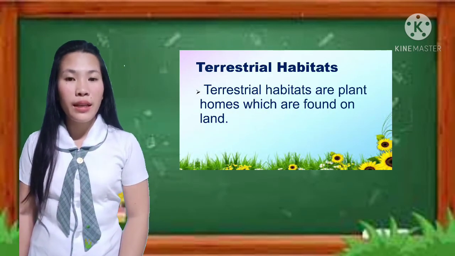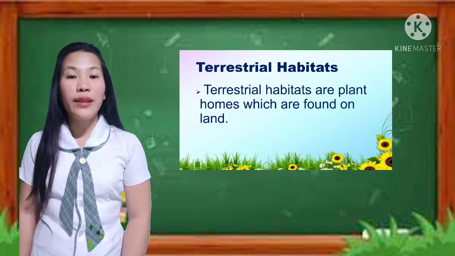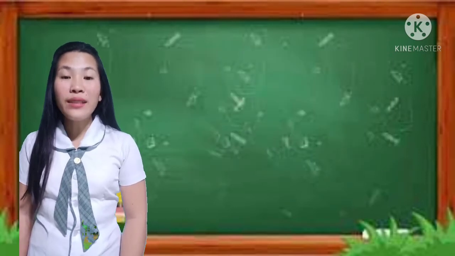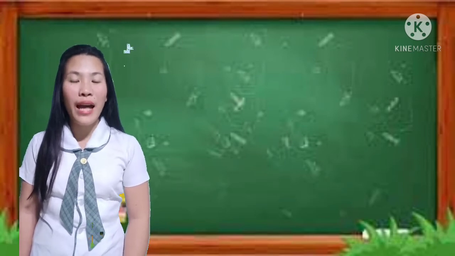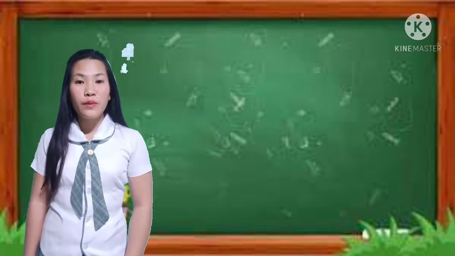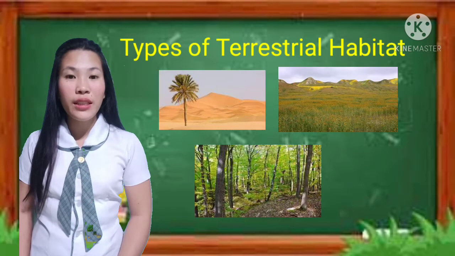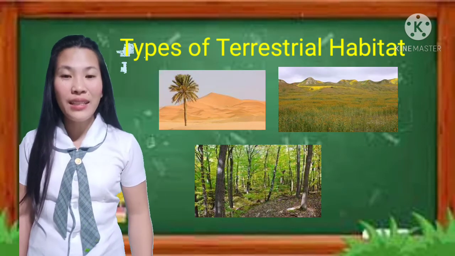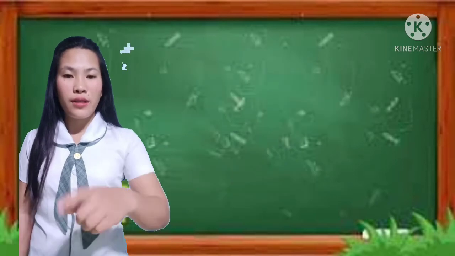Terrestrial habitat is a plant home found on land, and the plants that grow on land are called terrestrial plants. And there are types of terrestrial habitats, which are the desert, the grassland, and also the forest.